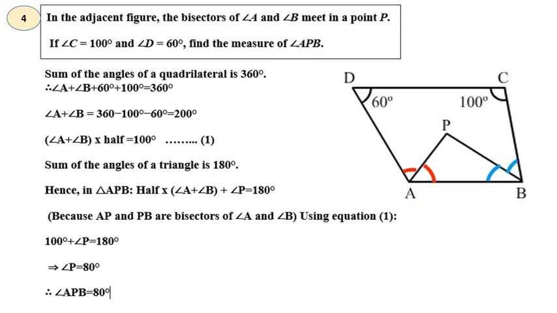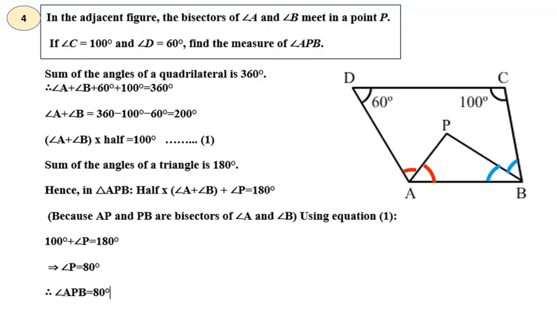So the sum of the angles of a quadrilateral is 360 degrees. We know that A plus B plus C plus D is 360 degrees. So until we know angle A and angle B, write it as angle A and angle B. I have written it. Therefore, angle A plus angle B plus 60 degrees plus 100 degrees is 360 degrees.